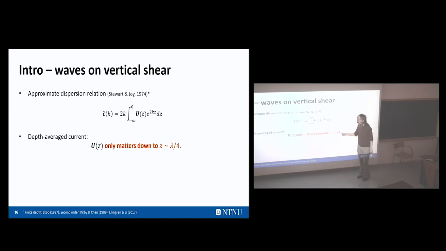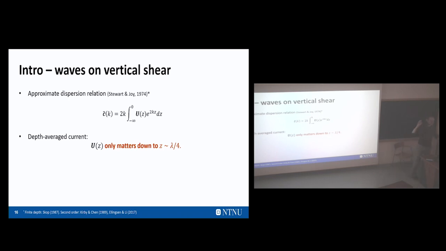And what it shows you, as I say, it normally works. I'll tell you something about the criterion for it to work, but it normally does work. And what it shows in particular is this factor, which looks a bit like what we know for the Stokes drift, but it's not the same thing. But it means that U only matters down to a depth of perhaps a quarter of a wavelength.